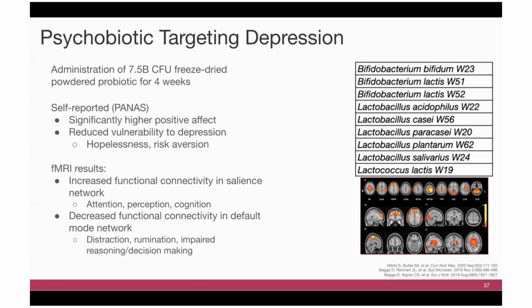In this particular study, you can see here that the positive affects, so those positive emotions, increased substantially. And the negative ones, the things that are hopelessness and risk aversion, those went down. I'm a mom of 2 young boys, and decreased risk aversion scares the crap out of me.